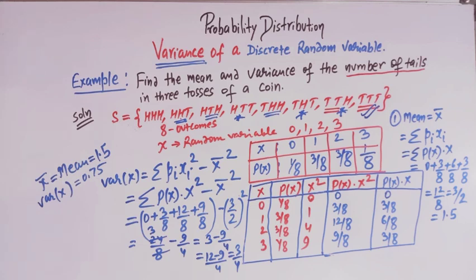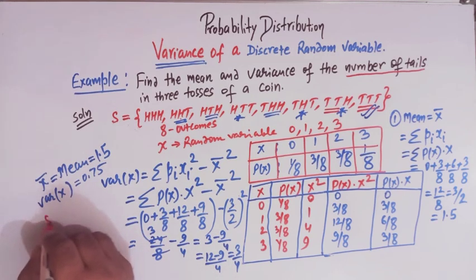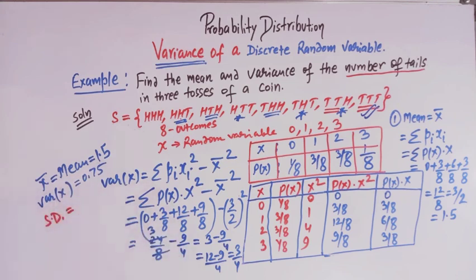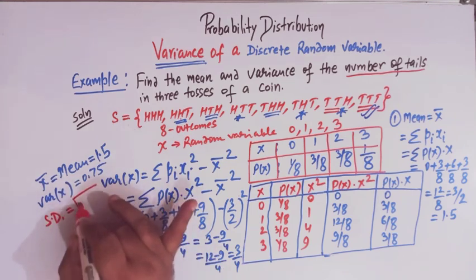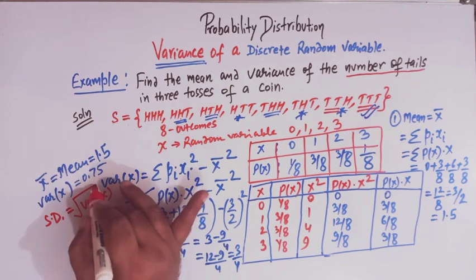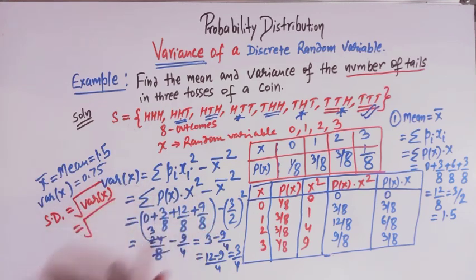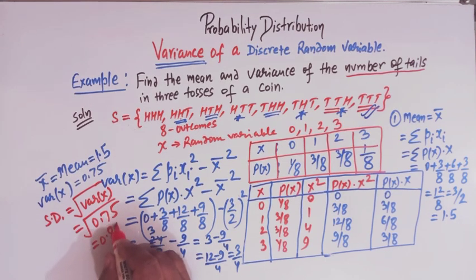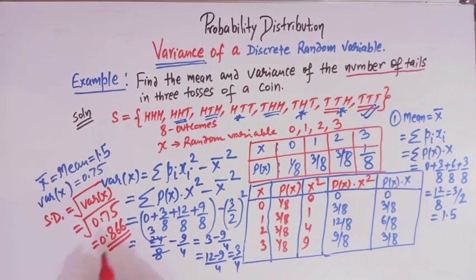Now if we wish to find the standard deviation, then the standard deviation is the square root of variance of x, which is the square root of 0.75, and if we calculate it, we get approximately 0.866. So this is the standard deviation.